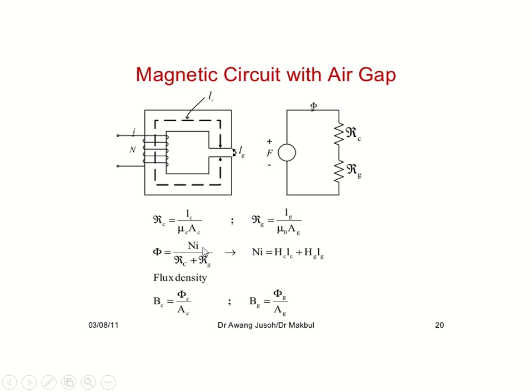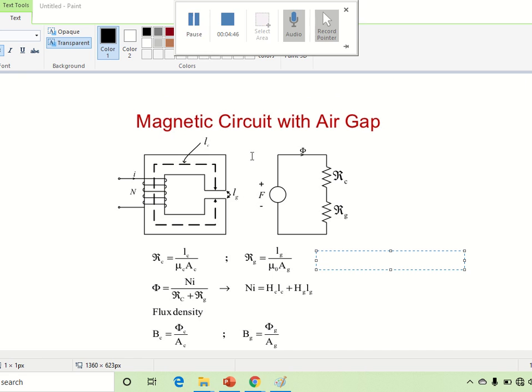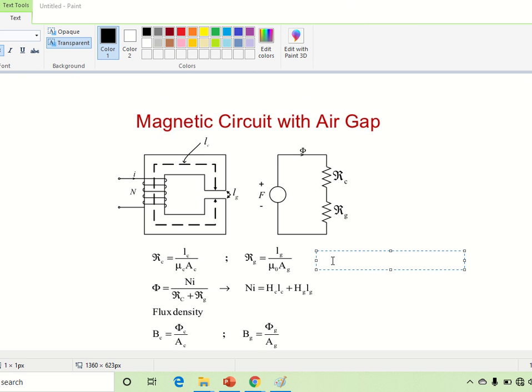The first equation for MMF is F equals N, the number of turns, into I, the current passing through the coil. Another equation is H, the magnetic field intensity, into the length of the iron core.